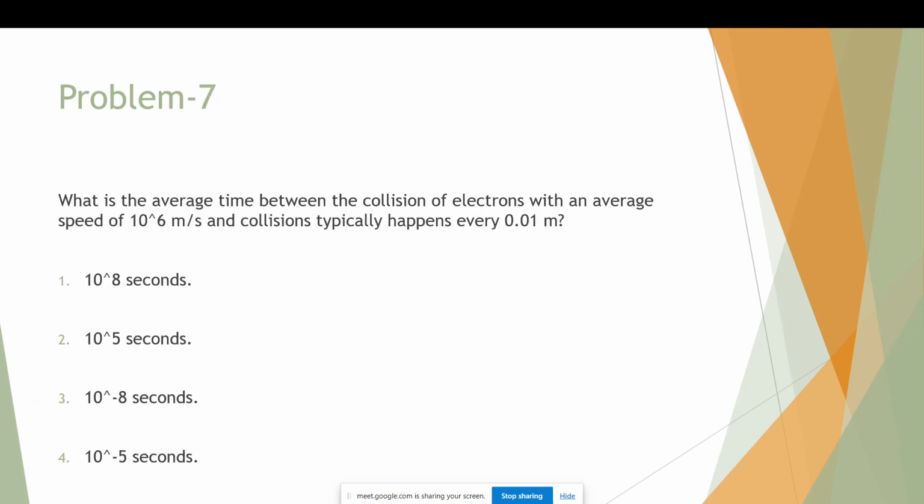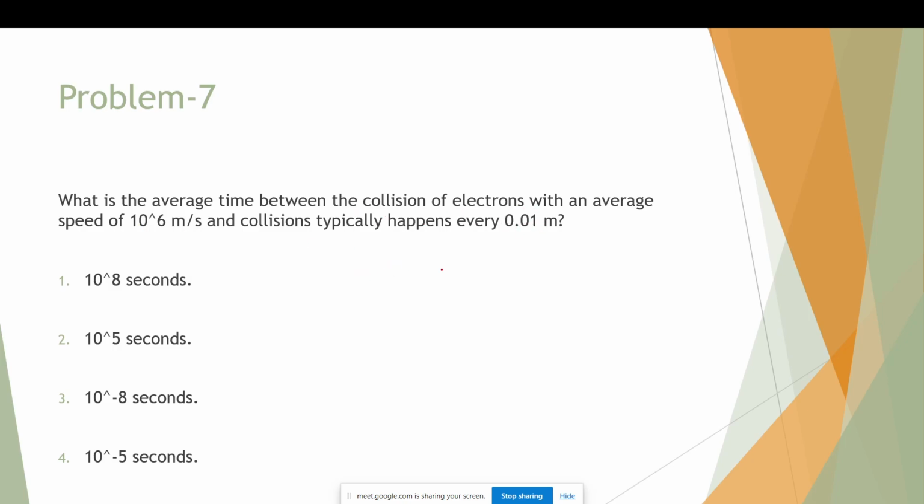What is the average time between the collision of electrons with an average speed of 10 power 6 meter per second, and collisions typically happen every 0.01 meters? Yeah, this is a trivial problem. They are asking the time between collisions. They have given the speed and they have told the distance is 0.01.